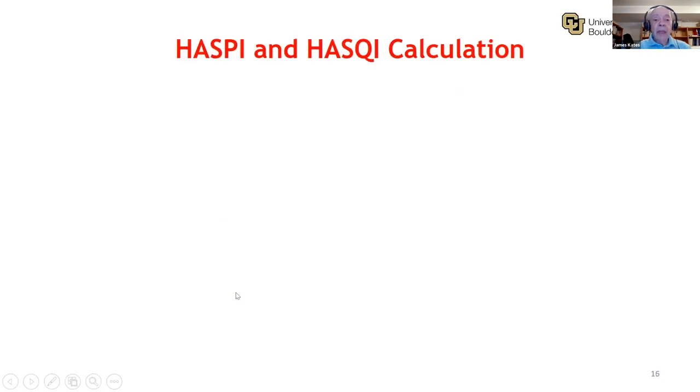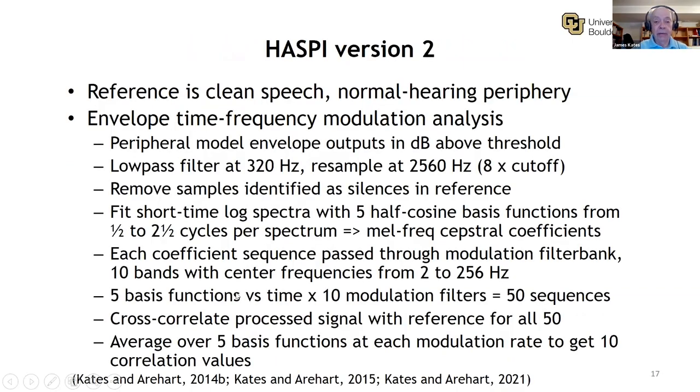Well, that is just the auditory front end. What do we think is important in determining intelligibility and speech quality? So HASPI version 2, and this is a paper that came out just recently. By the way, I have a list of references at the very end, so I'll display that as the last slide.